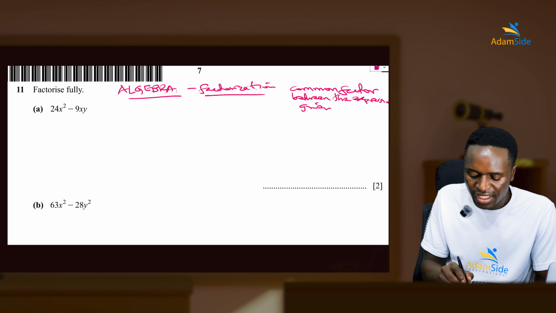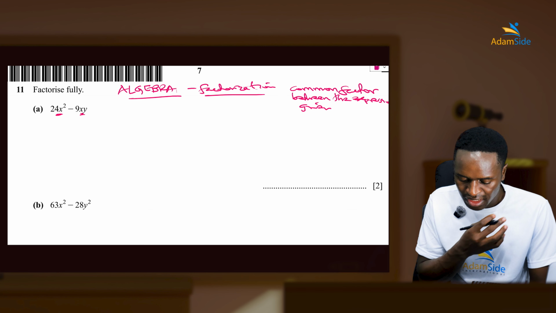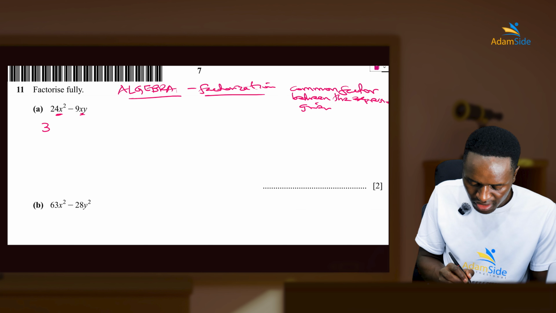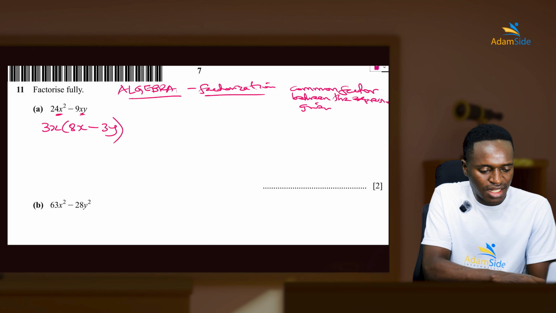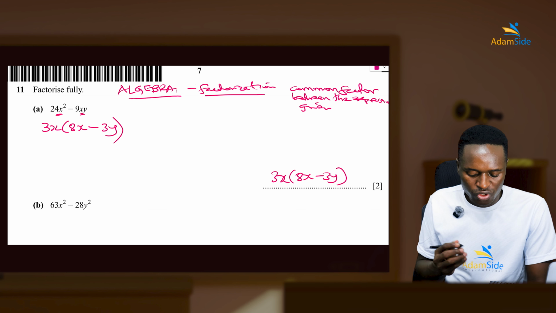We have x and x here, and 3 can divide both of them. So we can say 3x into 8x minus 3y. Correct. That's the final answer. You get your 2 marks.